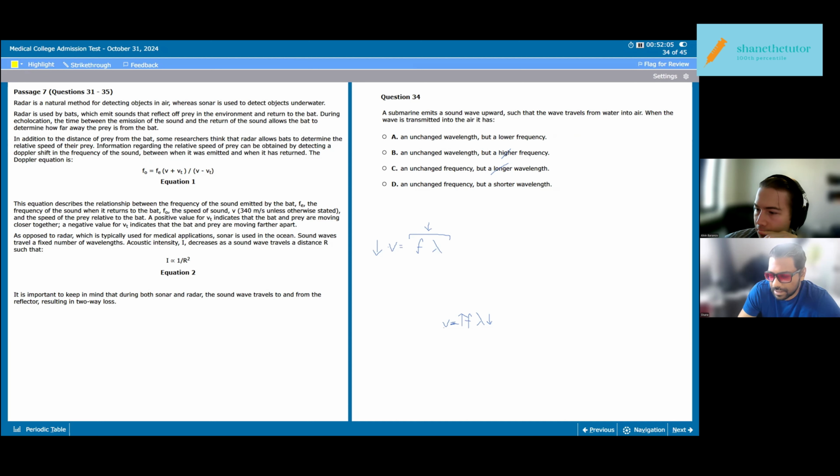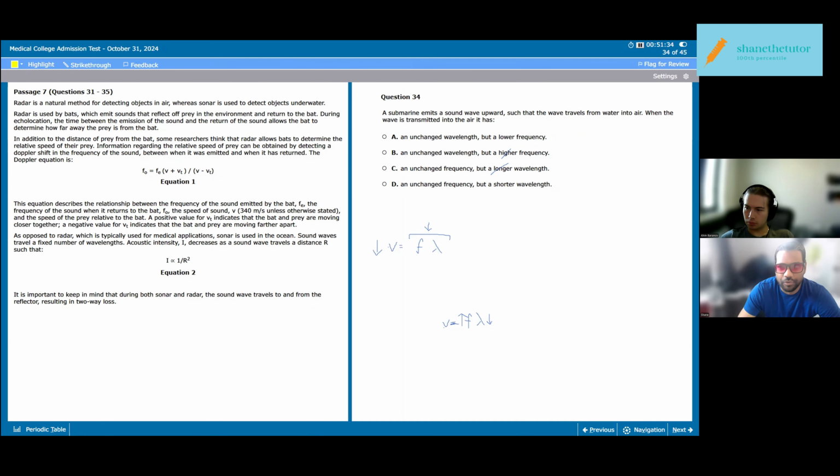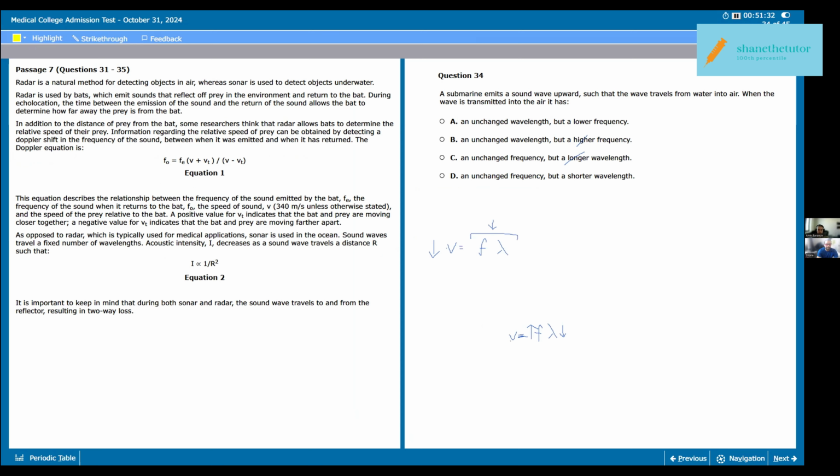What differentiates colors? Wavelength. So we have an example of wavelength changing there, but the frequency is something that does not change when you go from one medium to the next.